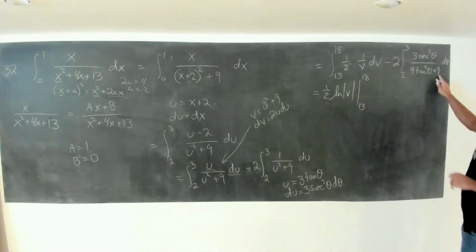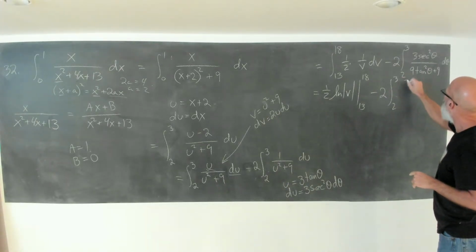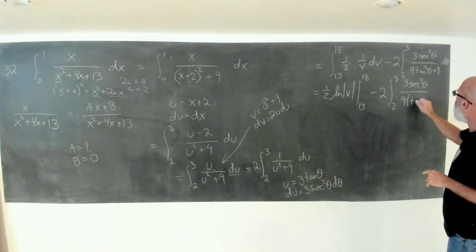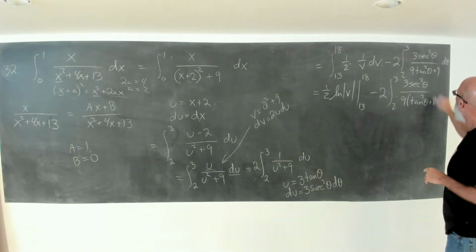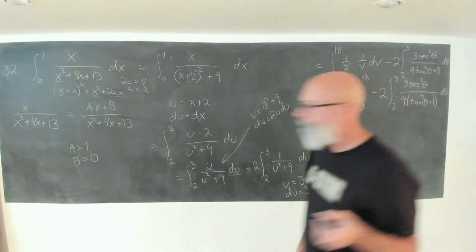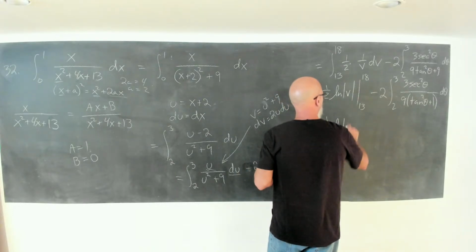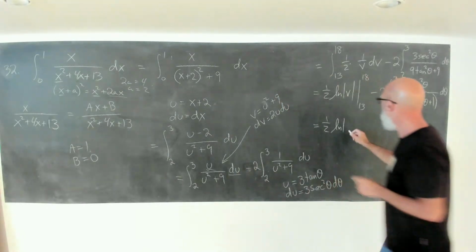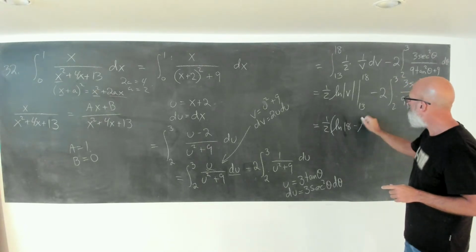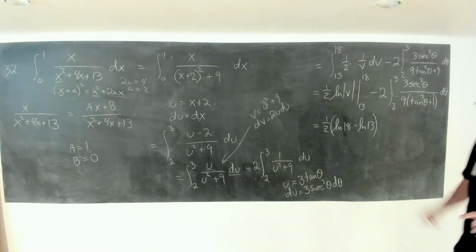Here, factor out a 9. You get 9 tangent squared plus 1. But tangent squared plus 1 is?